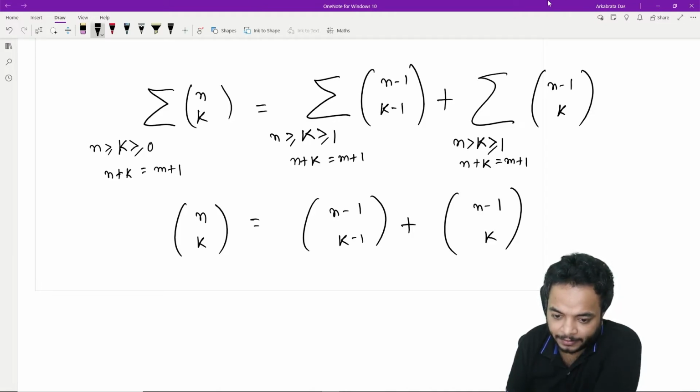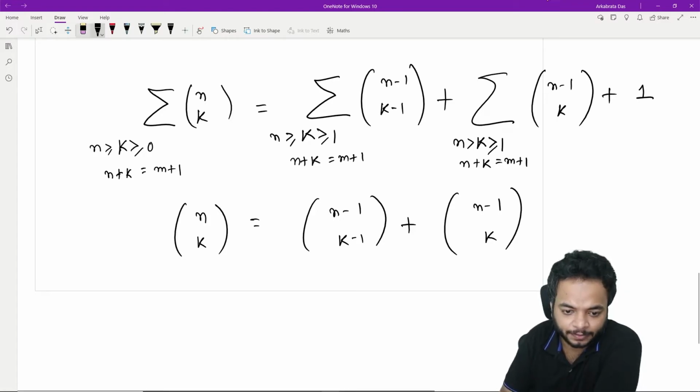Okay, and for k equals 0, that would be just 1, so let's take it outside. So this is what we are getting, but still it's not in the form that we want.